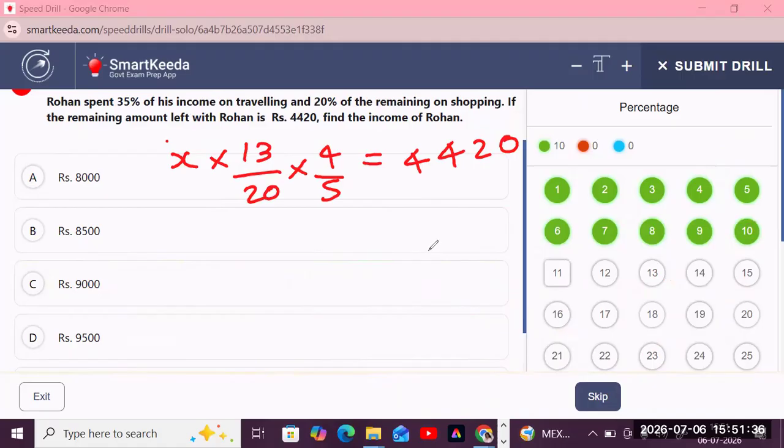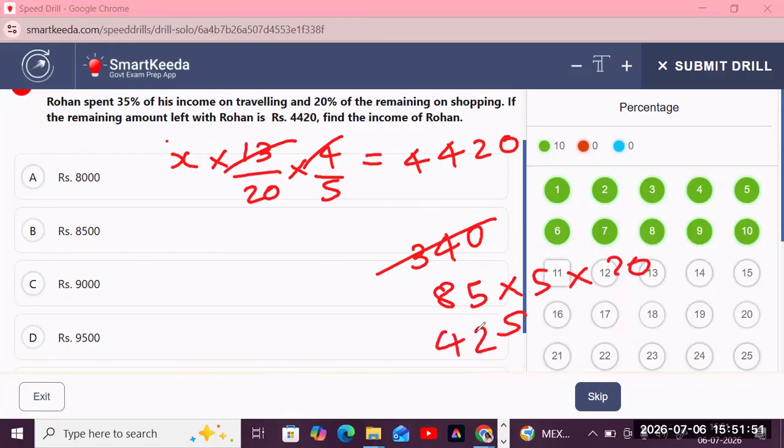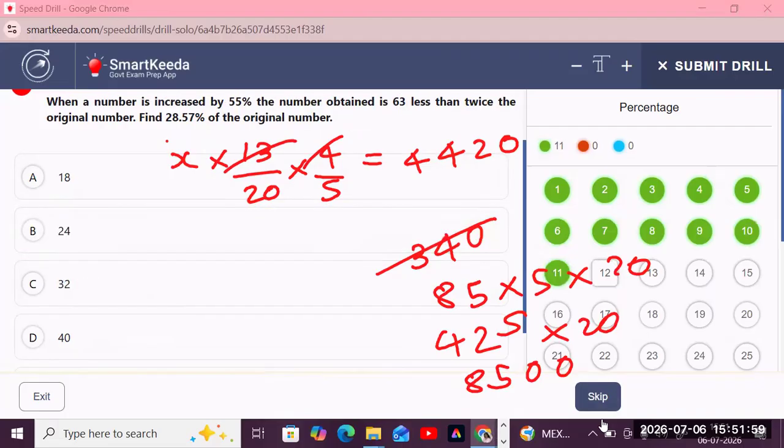So 13 3s are 39, 52, 34, 14, 4 8 to 85, 5 into 20, 5 to 4 to into 20 equal to 0, 10, 5, 8. Find the income of Rohan.